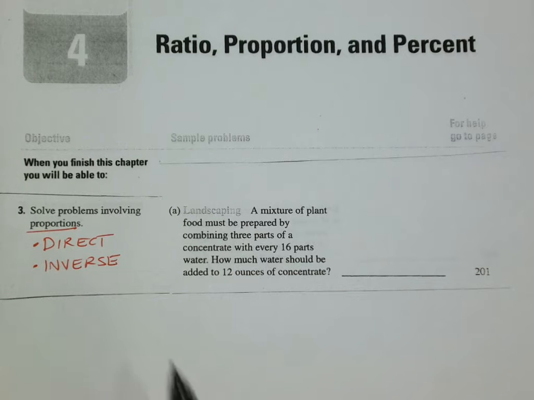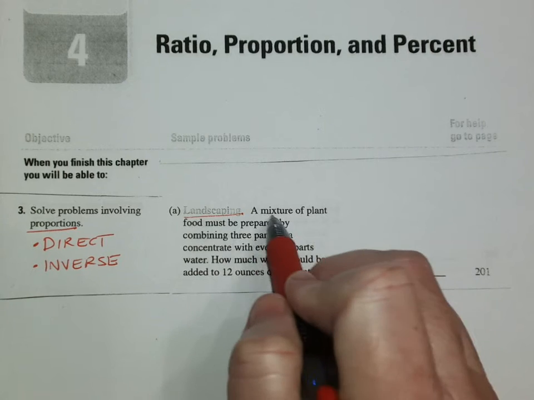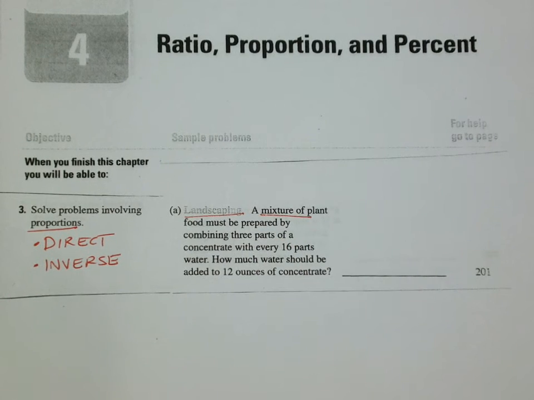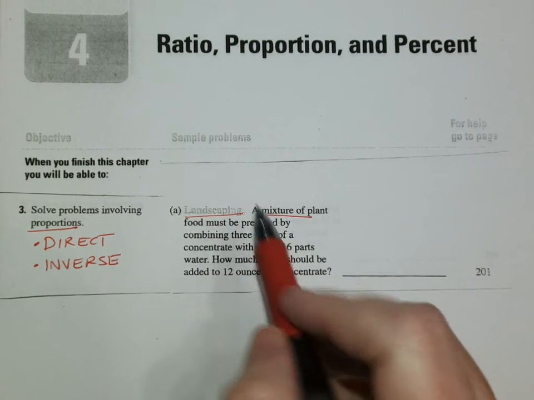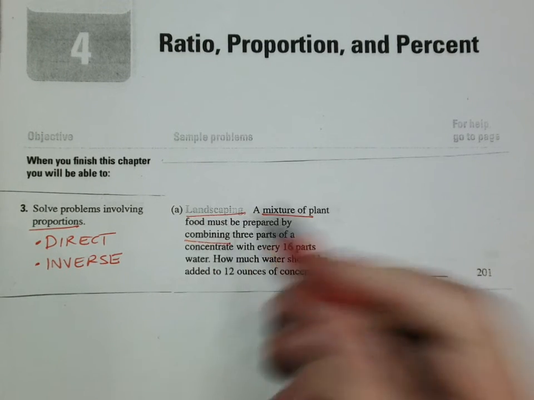So the mixture is prepared by combining, we're adding them together, 3 parts of a concentrate with every 16 parts of water. So written as a ratio, we can say 3 parts. We'll use C for concentrate. We'll use the colon.